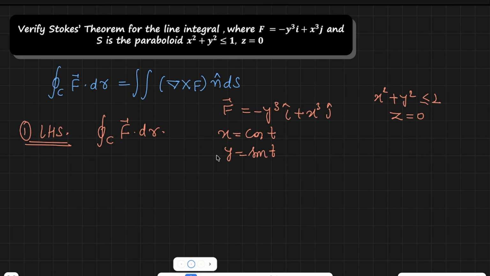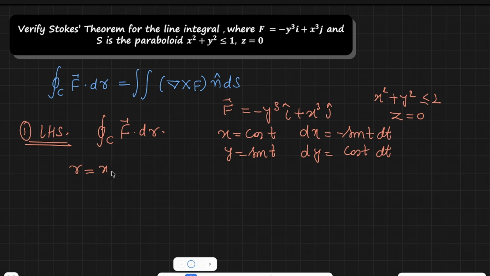So when I apply this, dx is basically minus sin t dt, and the derivative of y is cos t dt. And now here f dot dr, what is your r?